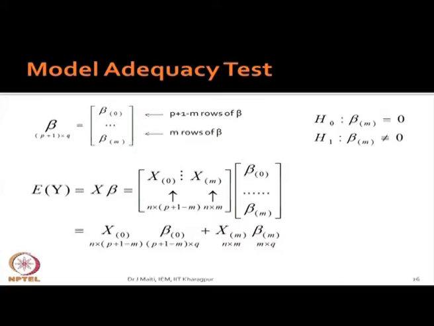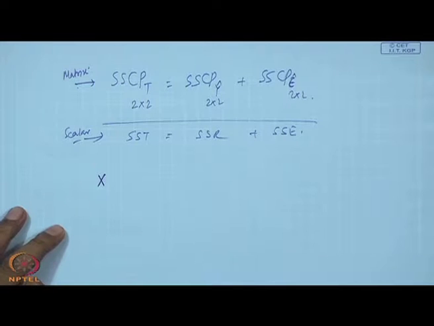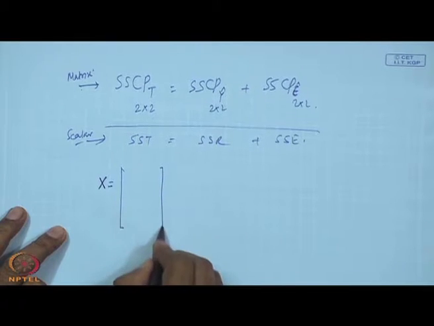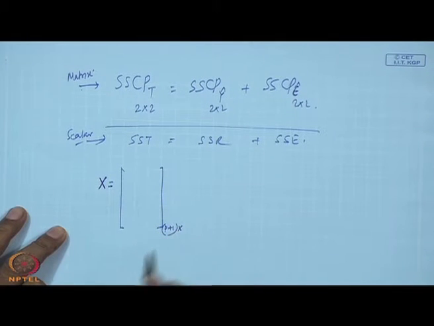Okay, fine. We will do some tests. The test is basically a general test, that is what I can say, generalized hypothesis testing. In the sense you have the X data matrix, which is n cross p plus 1.